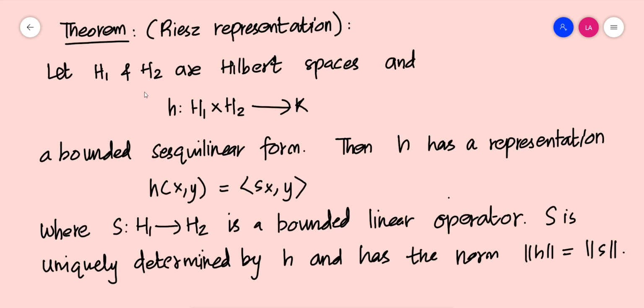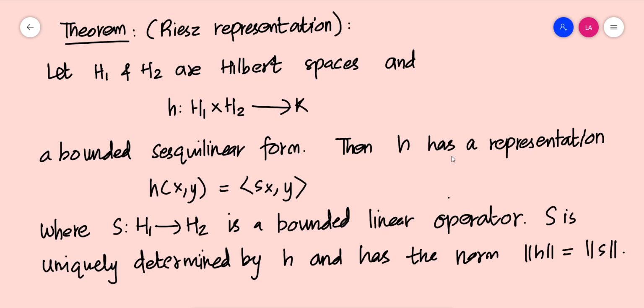It is formally stated as follows. The theorem is that H1 and H2 are Hilbert spaces, and small h, defined from H1 cross H2 to K, is a bounded sesquilinear form.